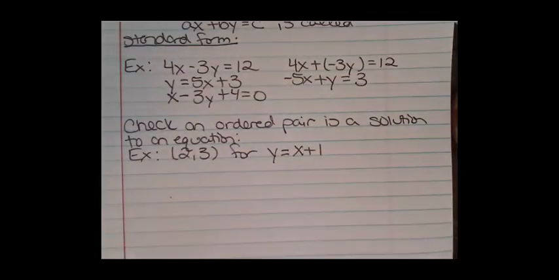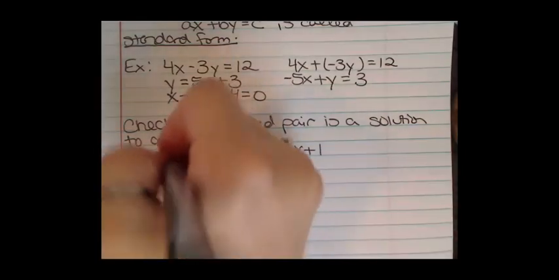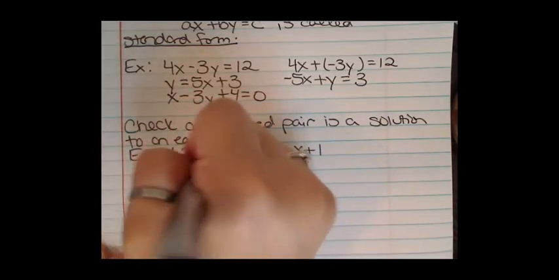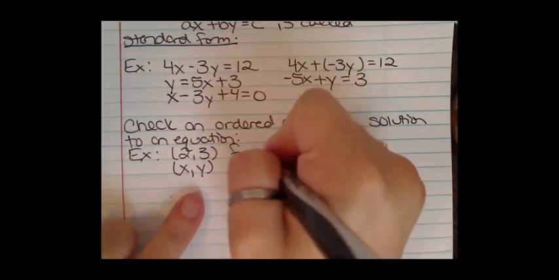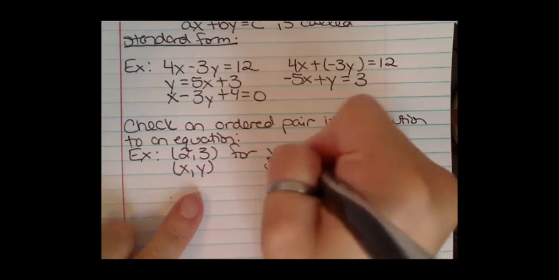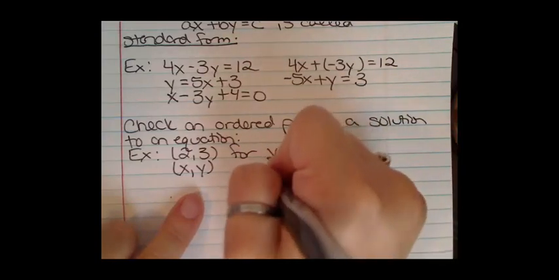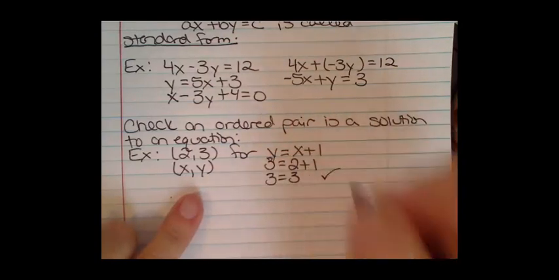Remember, our ordered pair is in the form of x, y. So wherever we see an x in this equation, we need to substitute in the 2. And wherever we see a y, we need to substitute in the 3. So that's what we're going to do. So we get 3 equals 2 plus 1. So 3 equals 3. That's a true statement. So this is a solution.